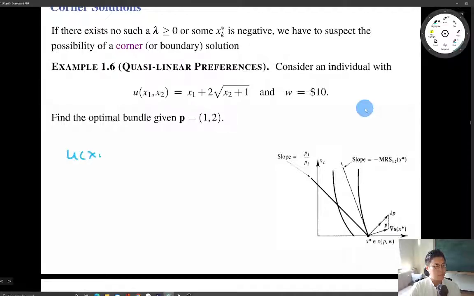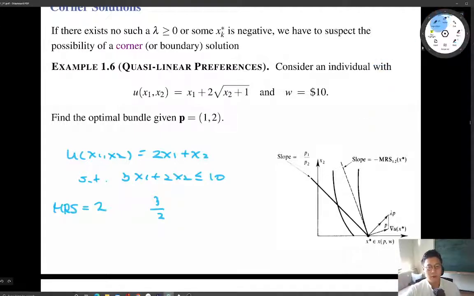we want to maximize this utility given the constraint 3x1 plus 2x2 is smaller than or equal to 10. Then mu1 is 2, that fixed marginal rate of substitution is 2. But P1 over P2 is 3/2, right?